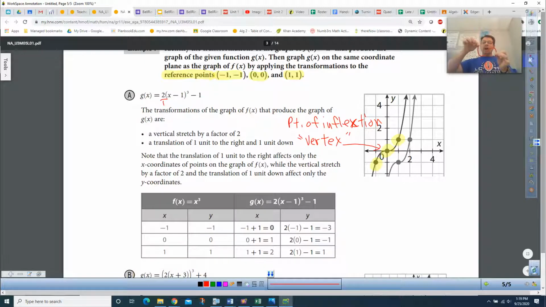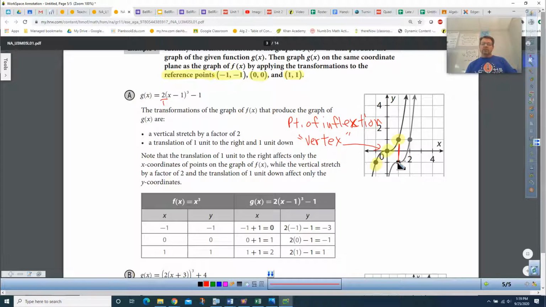So as long as the rise is bigger, it's getting taller and skinnier. Okay. When the run of the rise over run gets bigger, that means it's getting wider. Okay. So that means it'll be a vertical compression, pushing it down, making it wider. So that's what's happening with this guy. And you can kind of see it, the action happening here. Because look what the deal is.